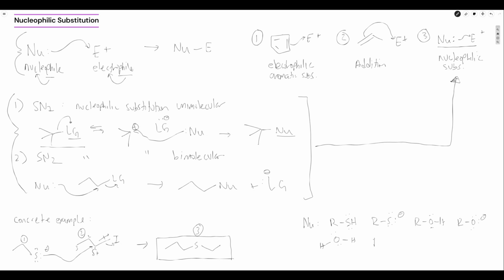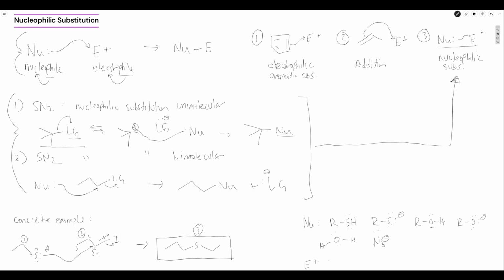You can imagine even something like azide. And in all of these instances, you have a lone pair of electrons, which is going to act as the nucleophile. And what you can see here is some of these are negatively charged and some of them are not, but they all have a lone pair that's going to act as our source of electrons.